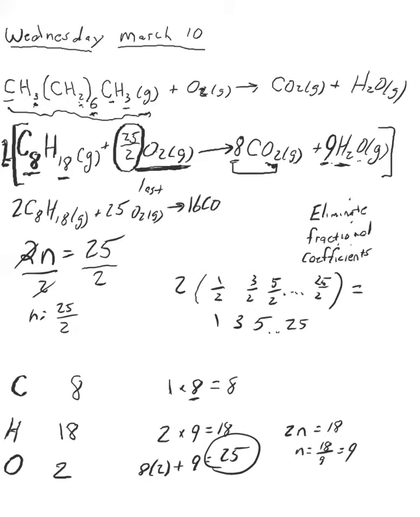I'm just multiplying everything by 2, and then 18 H2O, okay? And again, I almost feel apologetic for it because, to be honest with you, the idea that you don't have fractions in there is ridiculous. You can have fractions in a balanced equation, but it's just the nature of the software that they're going to want you to get rid of the fraction. So just multiply everything by 2.